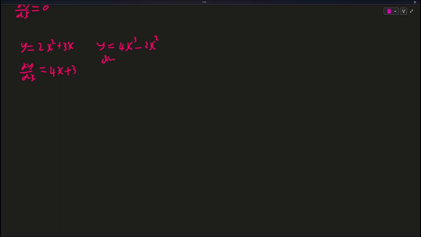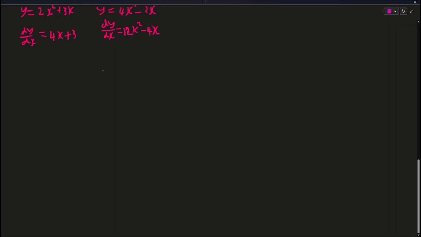Right, dy dx would be 3 times 4 is 12. 3 take away 1 is 2, so to the power of 2 minus 2 times 2 is minus 4. There's the minus sign there already. 2 minus 1 is 1. We don't have to put the 1 there. So it's 12x squared minus 4x. All right.